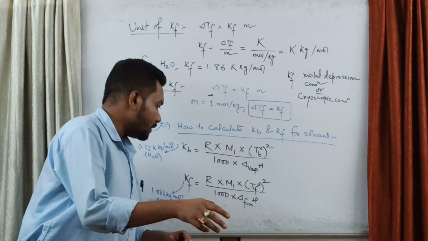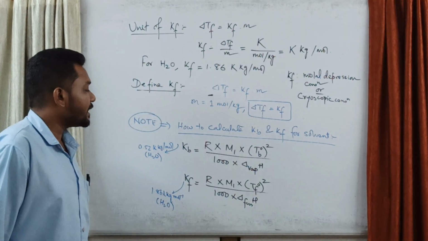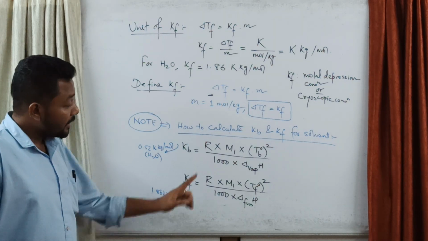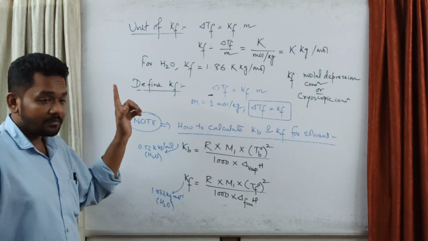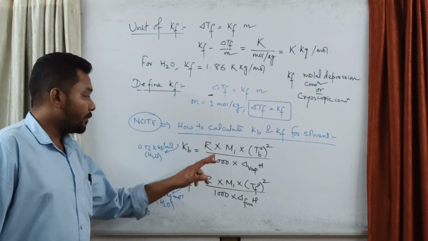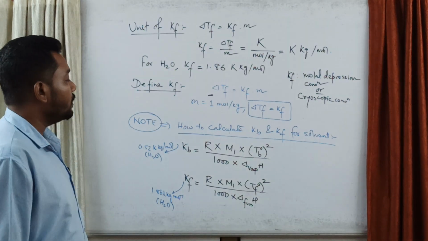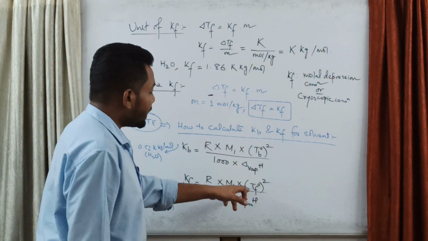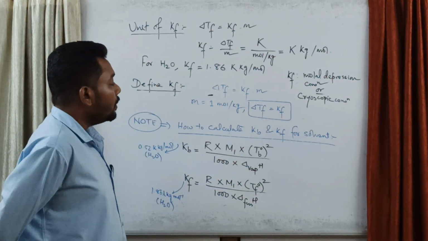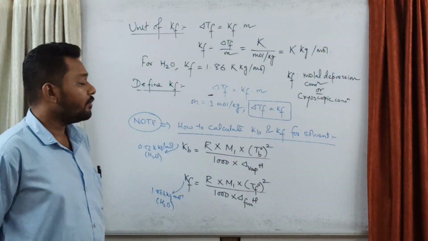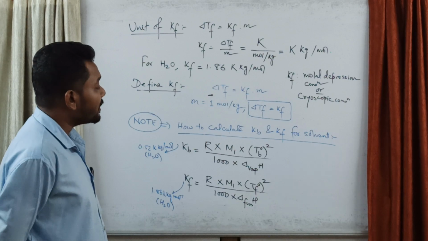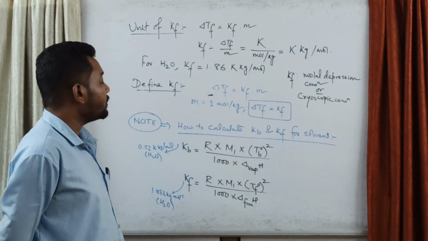এখানে আরটা লেখো, R is universal gas constant. দেখো M সাফিক্সে 1 আছে, 1 means কি, সলভেন্ট বলেছিল। তাহলে M1 is the molar mass of the solvent. TB0 and TF0 are the boiling point and the freezing point of the pure solvent.